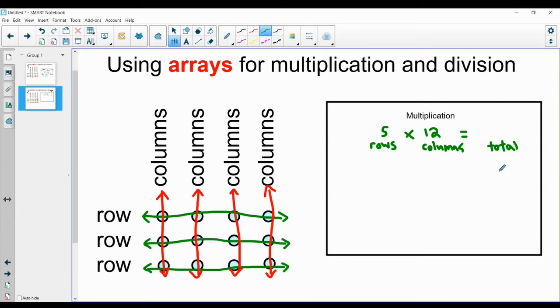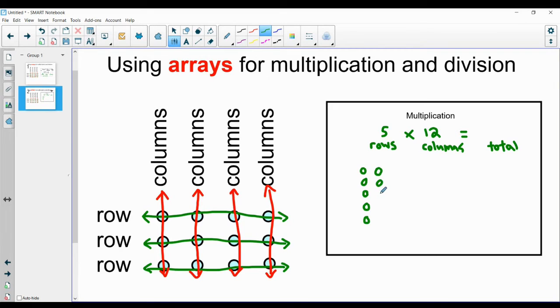I can find my total number by drawing out 5 rows and 12 columns. So I'm going to start with 5 rows. 1, 2, 3, 4, 5. Here's 1, 2, 3, 4, 5 rows. This also shows 1 column. So I have my 5 rows. I need to draw 11 more columns.